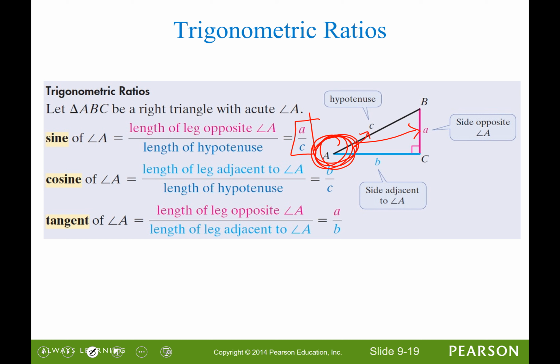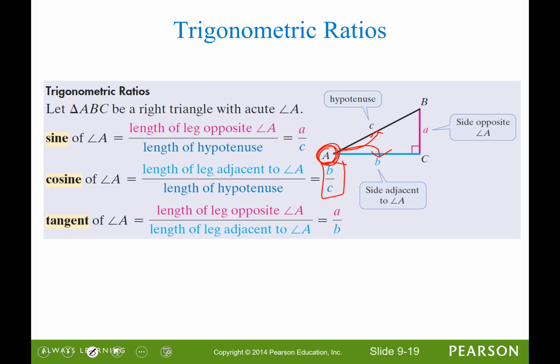All right, let's do the next one. The next trigonometric function is cosine, often abbreviated COS. Cosine of angle A, going from angle A again, is equivalent to the length of the leg adjacent, that would be this leg here, over the length of the hypotenuse. And that is why you see the B over C right there.